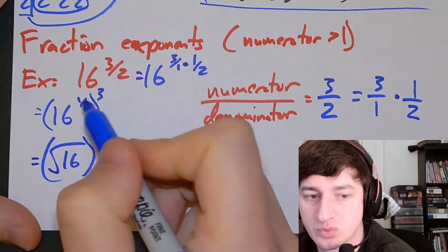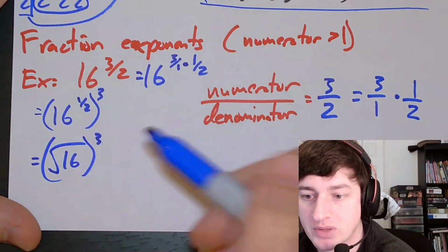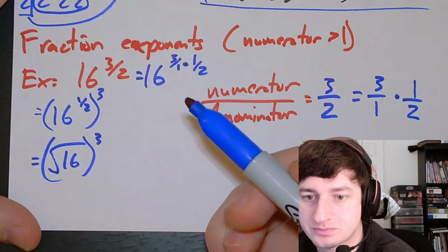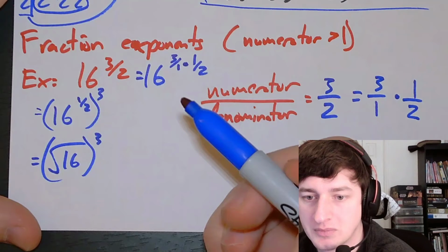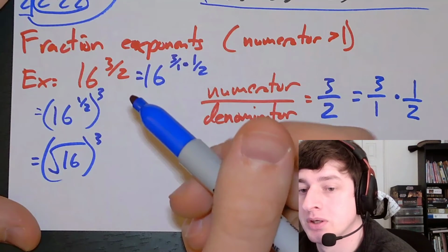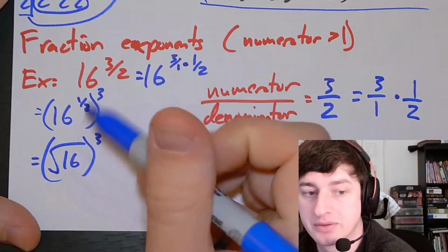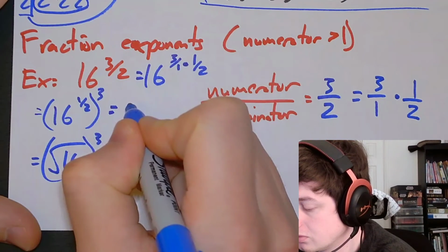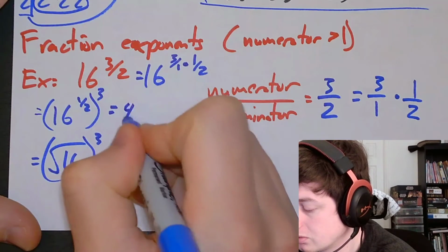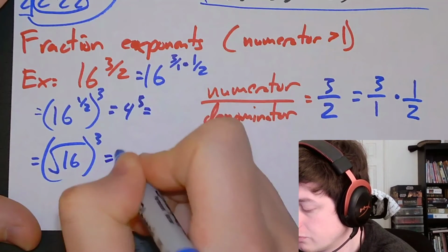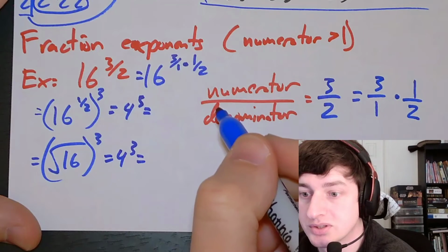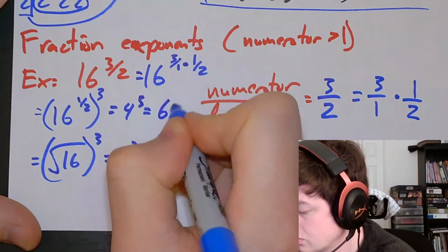Because we have this 1/2, that's the same as the square root. Either way. And at this point, now we just simplify the square root and cube it. So the square root of 16 is 4 cubed. These are both going to be the same. 4 cubed is 16 times 4.